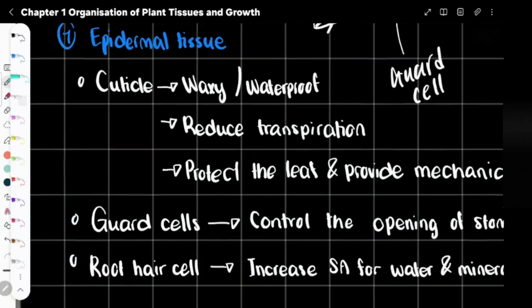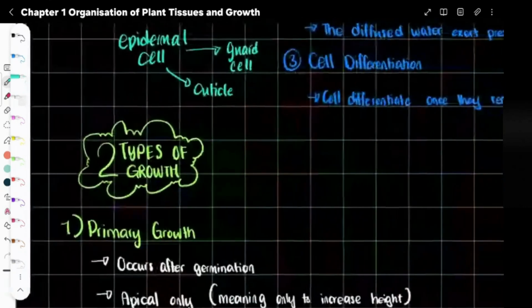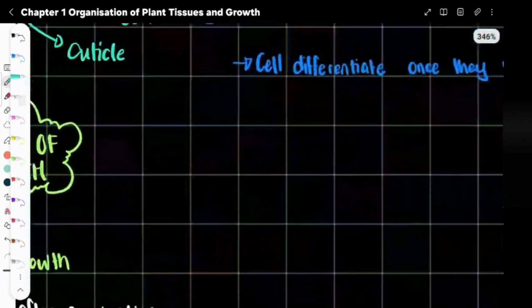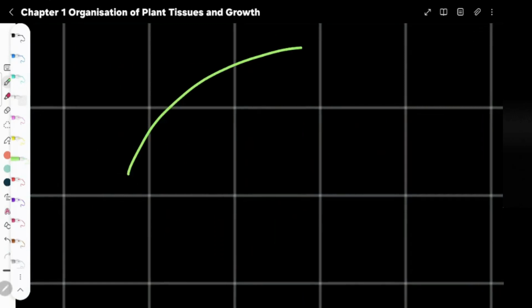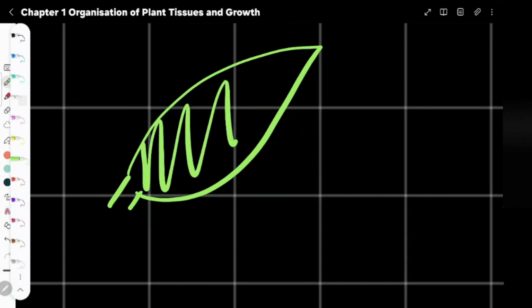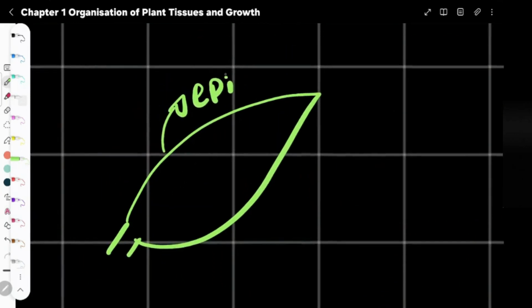So that's why we're going to learn differentiation. That is the reason why I said that's not right. Just now I said on a leaf, the top part is epidermal. So if epidermal is here, then what is also here? Guard cell.